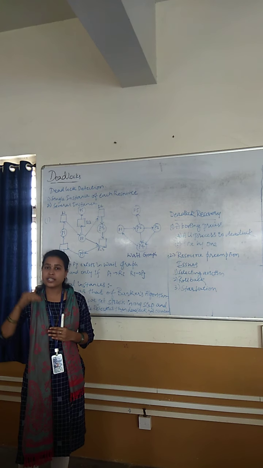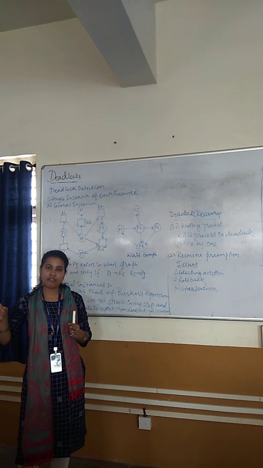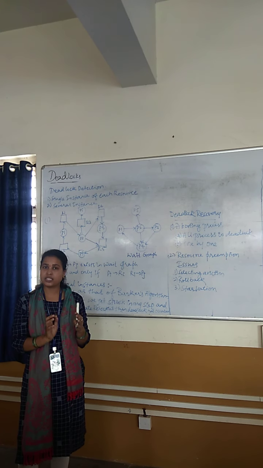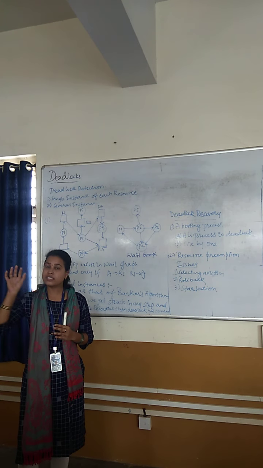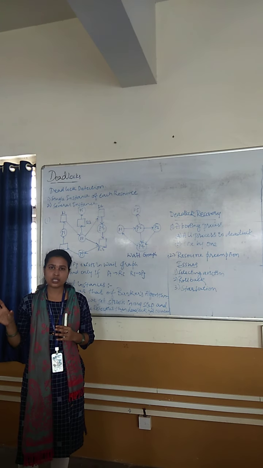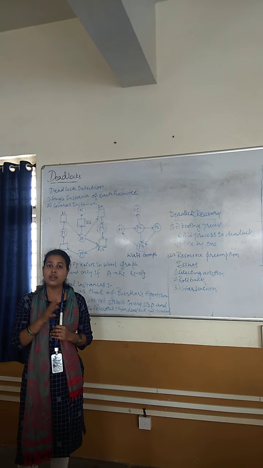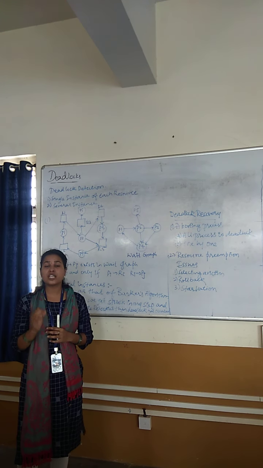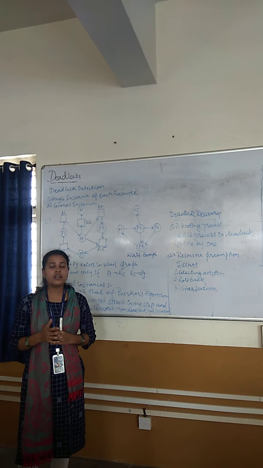Because P5 was waiting for this resource. Temporarily P5 is given these 10 resources. Means this process is made free and it is given to the other process. Once that P5 finishes its execution, then again those 10 resources can be taken and given to process P1. So this is preemption temporarily of the resources of that deadlocked process.